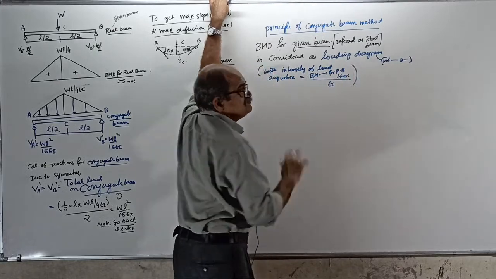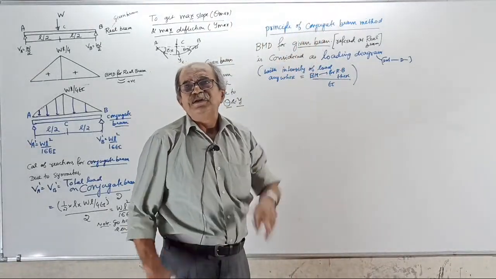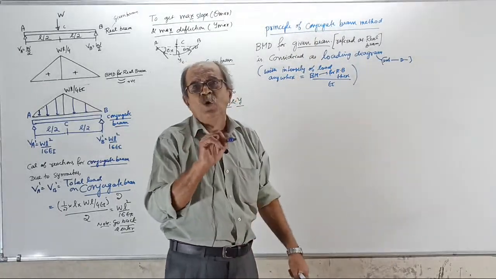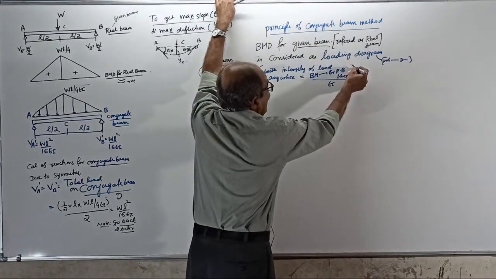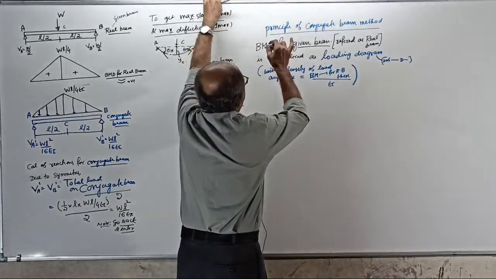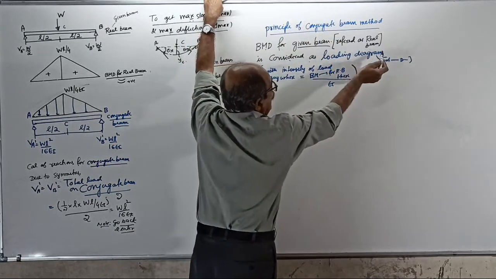Close the bracket. Whatever bending moment you got here, divided by EI is the intensity. It is not total load. It is intensity. Now, brackets are for understanding. Go for the main statement: BMD for given beam is considered as loading diagram.